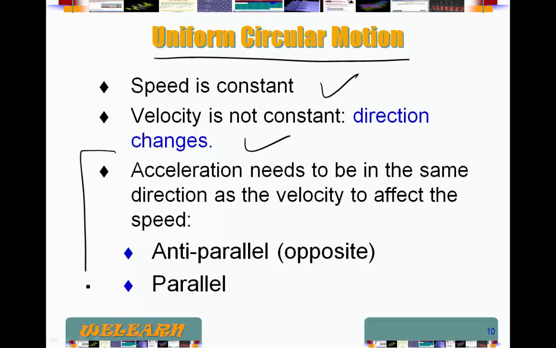Now, here is a reminder. From what we have learned in the past, if I have an object moving with a velocity in this direction, if the acceleration is in the same direction, then we know that the object speeds up.